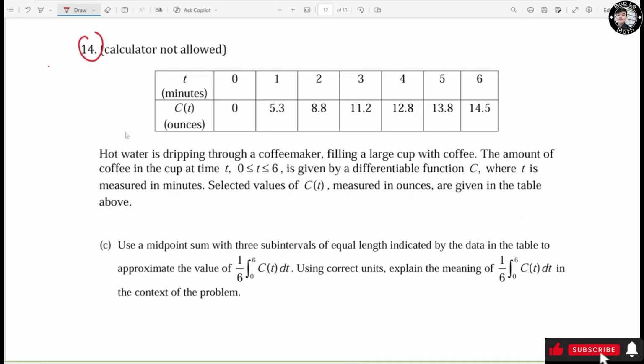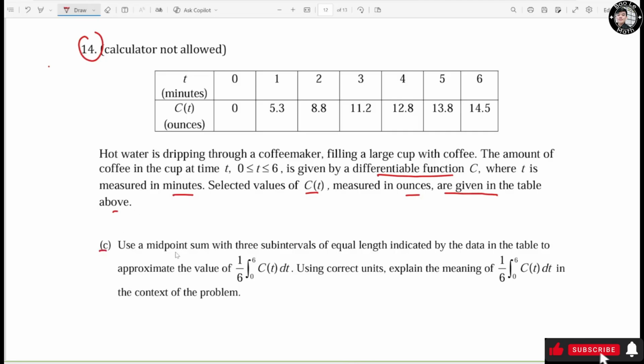Now let's move on to question 14. Hot water is dripping through a coffee maker, filling a large cup with coffee. The amount of coffee in the cup at time t, from 0 to 6, is given by a differentiable function c, where t is measured in minutes and c of t is measured in ounces, all given in the table above.